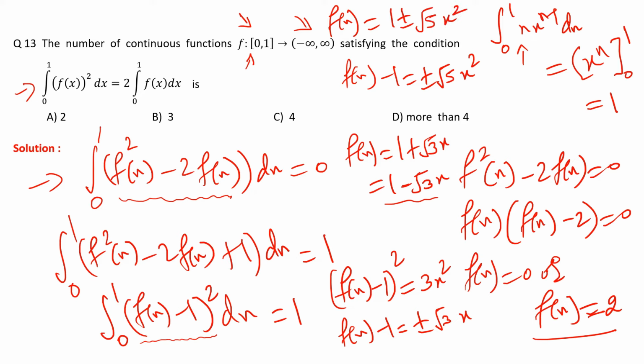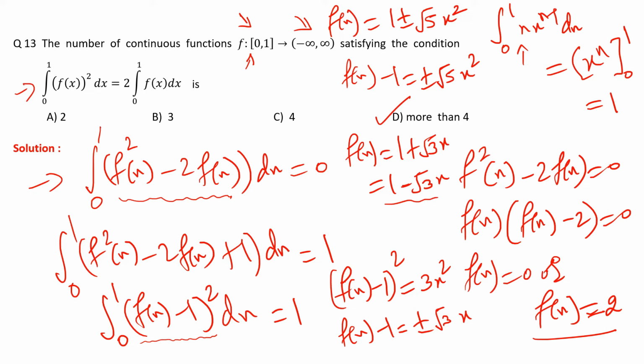These are again two more functions. This is a polynomial function of degree 2, right? So that means infinitely many such functions we can form which are going to satisfy these given conditions. That means option D, more than 4, is correct.